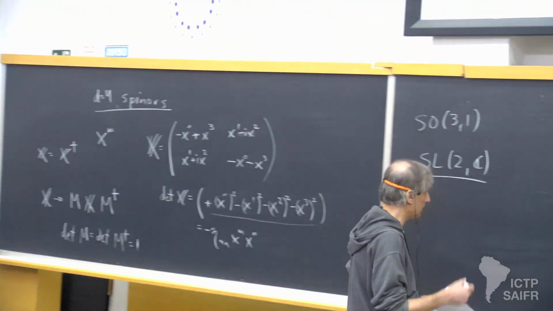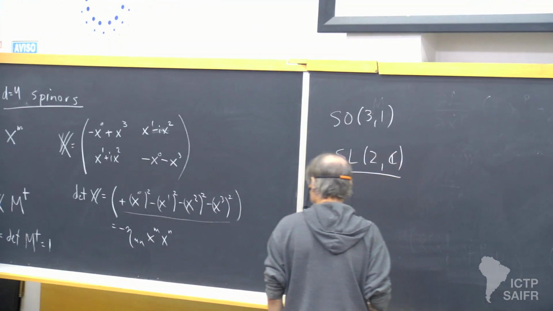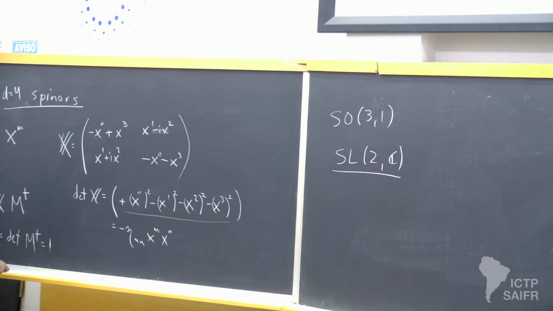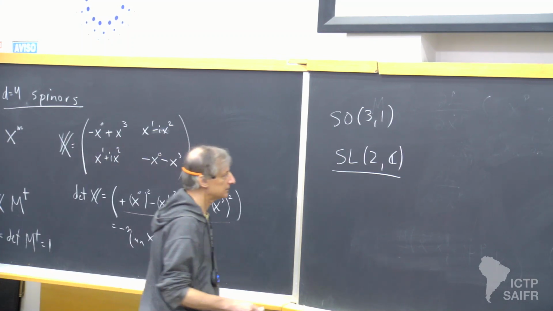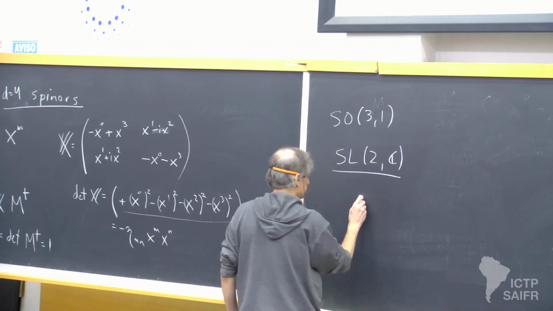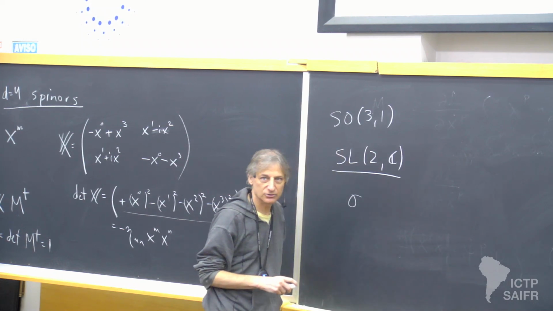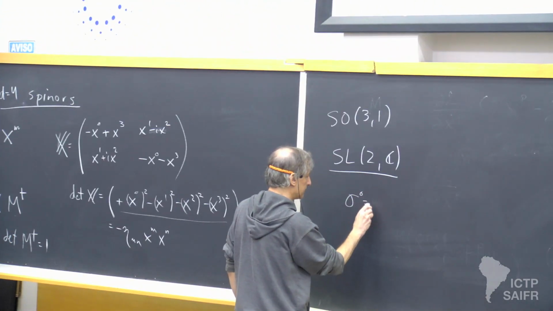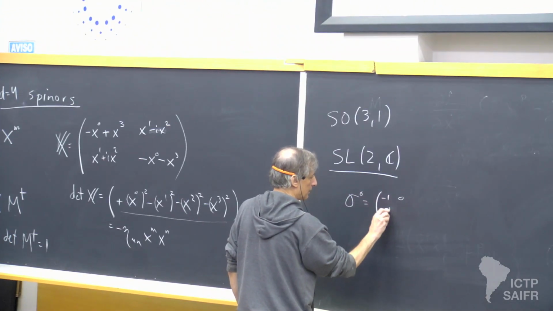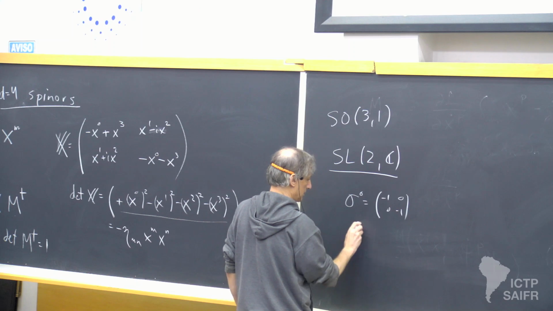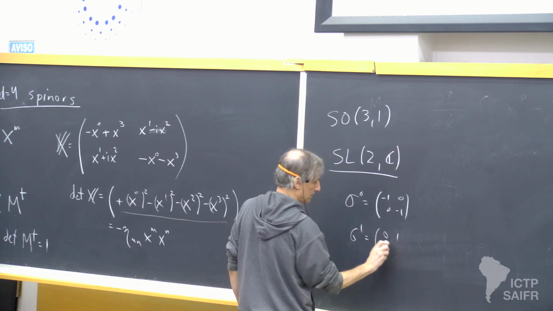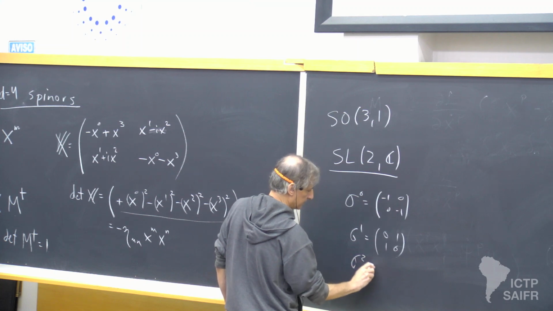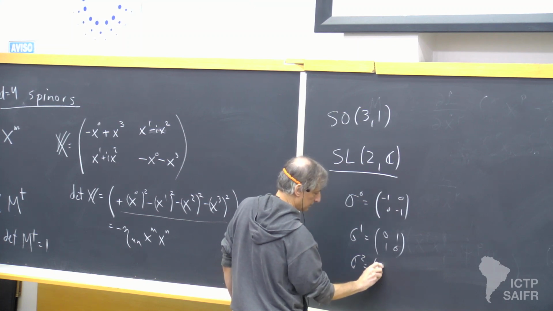The relation is a little bit non-trivial, but the easiest way to describe it is by introducing the Pauli matrices. You've probably already seen 3 of the Pauli matrices in your quantum mechanics course. But you add this other one, sigma 0, it's convenient.